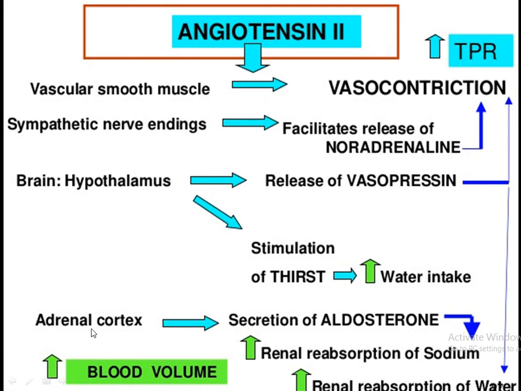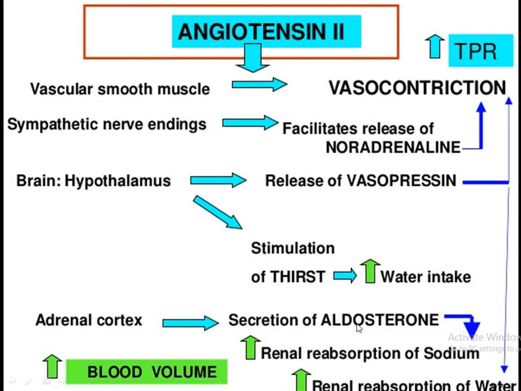And through the adrenal cortex, again the hypothalamus is involved, then in response to that, the adrenal cortex is going to secrete the aldosterone. As I have told you, this is through the angiotensin mechanism also, and from the adrenal cortex directly also.